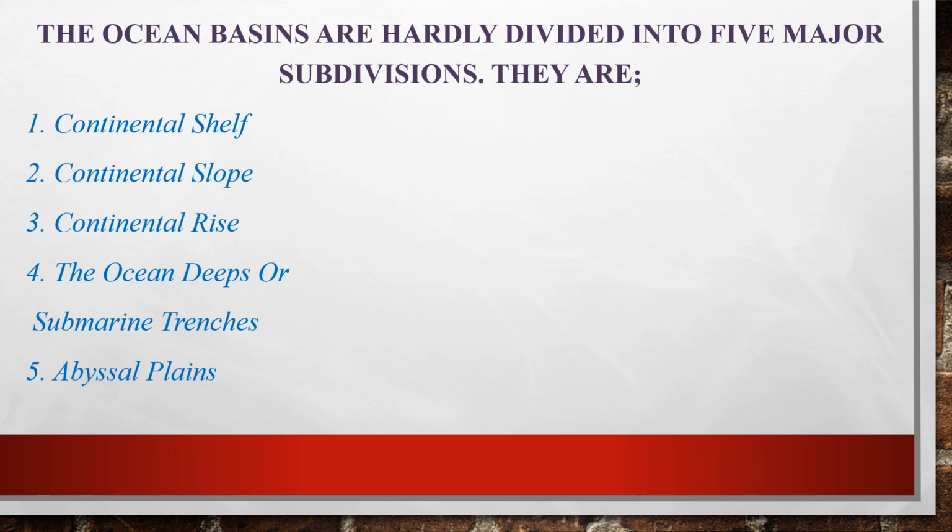Next, the ocean basins are broadly divided into five major subdivisions. They are the continental shelf, continental slope, continental rise, the oceanic deeps or submarine trenches, and the abyssal plain. We will discuss all these points in detail.